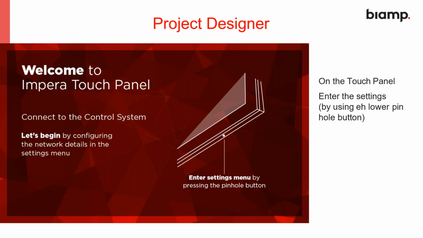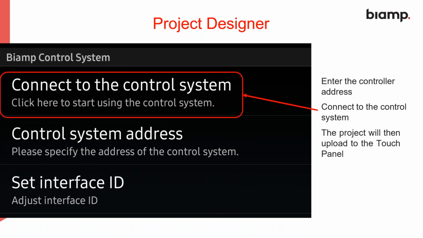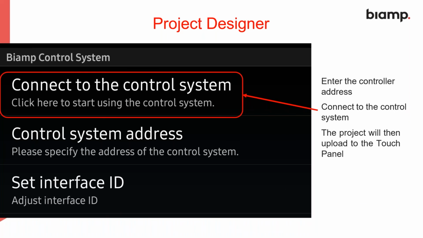Paperclip. Sorry, paperclip, and insert it. You will enter the settings window. Enter the control system address in the touch panel and select connect to the control system. And yes, the GUI which you have configured will be there in your touch panel.